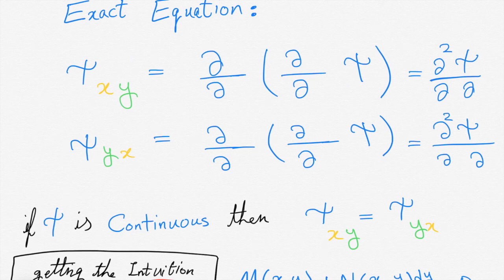With the chain rule that we talked about, we have an intuition which we will refer to, but keep in mind that, for instance, if I have a function like psi of x and y, then this is first the partial derivative with respect to x, because I'm going to first take it with respect to x, and then with respect to y.